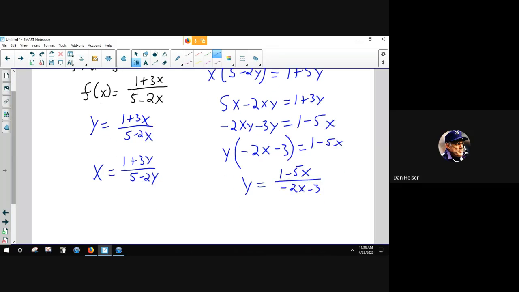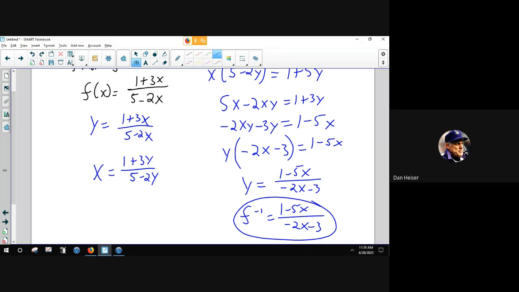There's our inverse. Minus 5x over negative 2x minus 3. It's a little weird, but that is the inverse for this function.